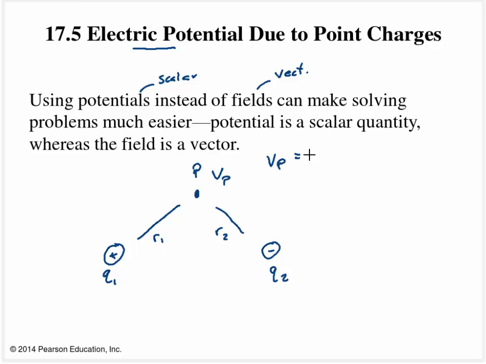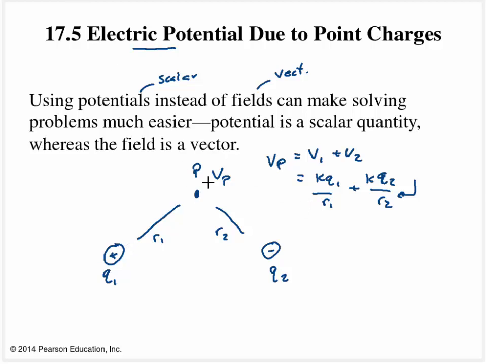The voltage at P is simply equal to the potential at 1 plus the potential at 2, which is equal to kq1 divided by R1 plus kq2 divided by R2. Again, note that there is no square right here. I just simply add them together because they're just numbers.